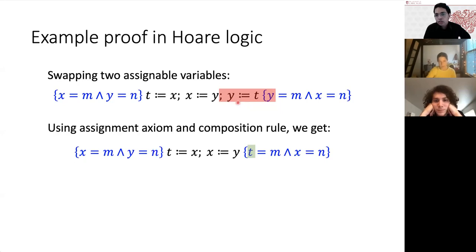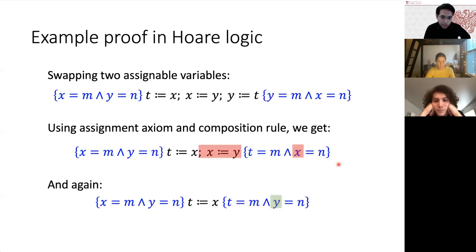We figure out its weakest precondition by using the assignment axiom. And what that says is, y is being assigned t, so t will become the value of y, and you substitute it in the post condition that was there after this command. So this is what we have done. We have replaced y with t in this triple. And now we can eliminate this command and just look at the remaining program.